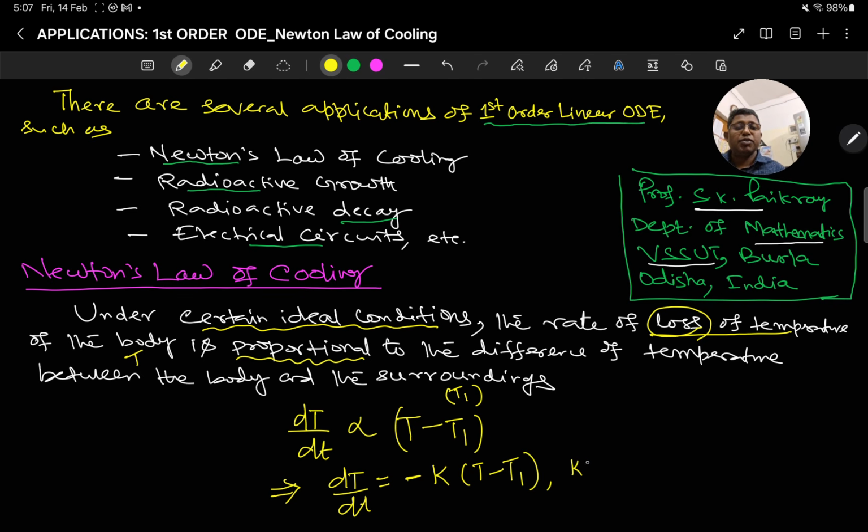So here k is positive, and the negative sign indicates that with increase in time, the temperature decreases.